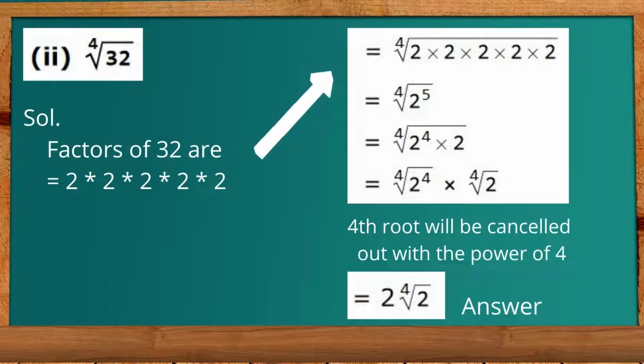To simplify this we will separate two powers, that is 2 to the power of 4 and 2 to the power of 1, which is equal to 2 to the power of 5. Now we will separate the fourth roots of both powers, that is the fourth root of 2 to the power 4 and the fourth root of 2 to the power 1. Now the fourth root will cancel out with the power of 2, which is 4. The answer would be 2 times the fourth root of 2.